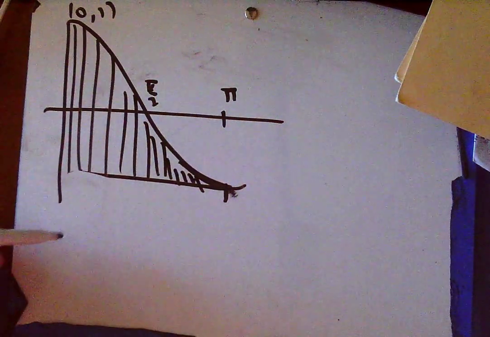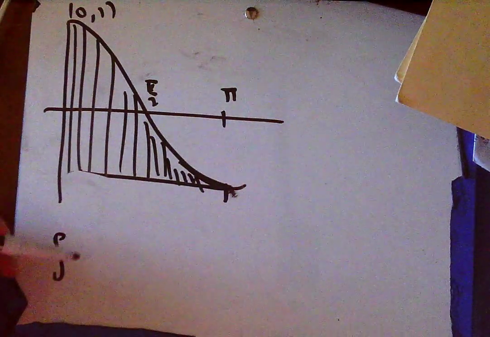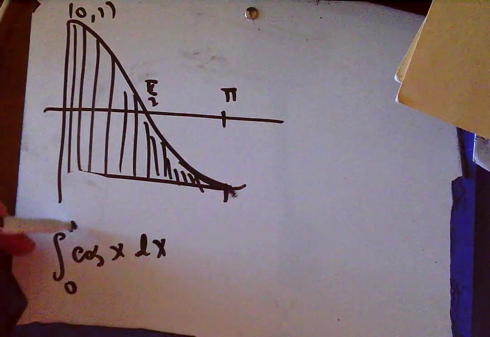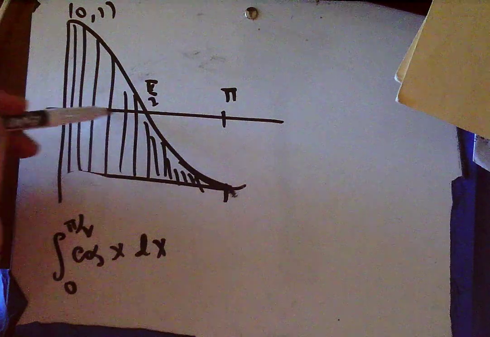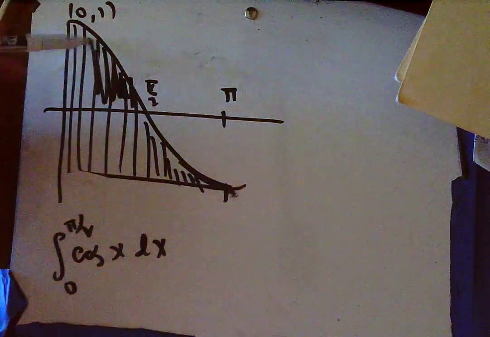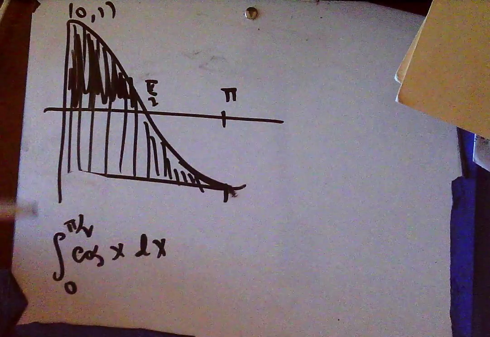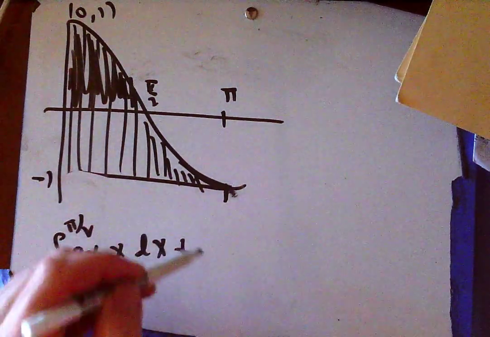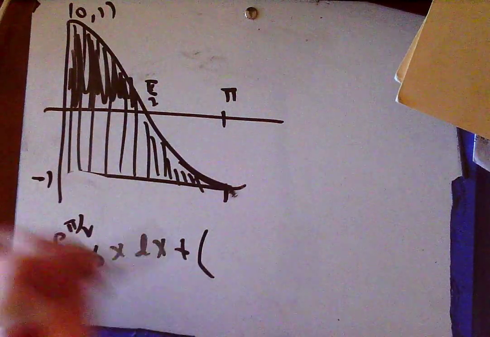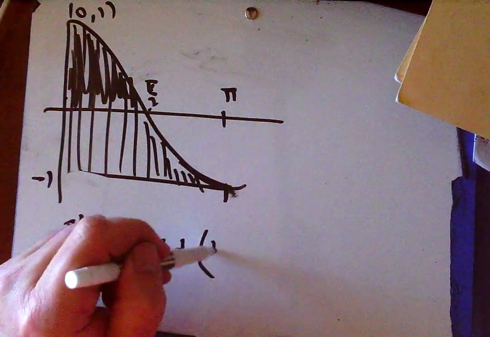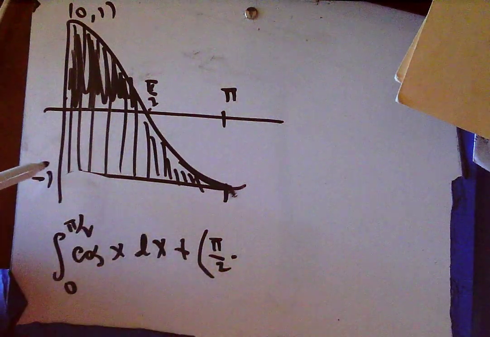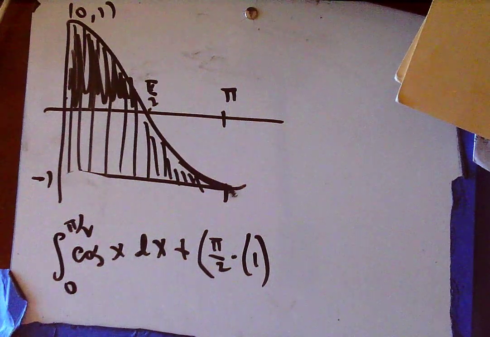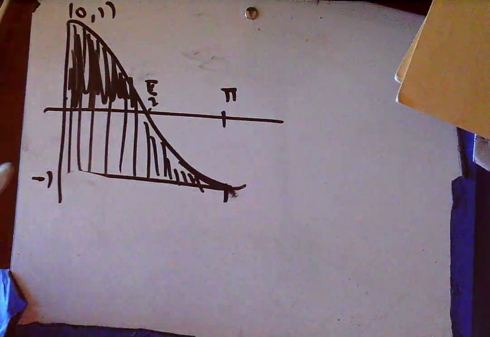There are a bunch of students who say, oh, this is the integral of cosine from 0 to pi over 2. And, well, yeah, that would be this, not the whole thing. And so you would still need to add the area of this rectangle. And that's going to be the distance of pi over 2 times a height of 1. And most people don't seem to do that.